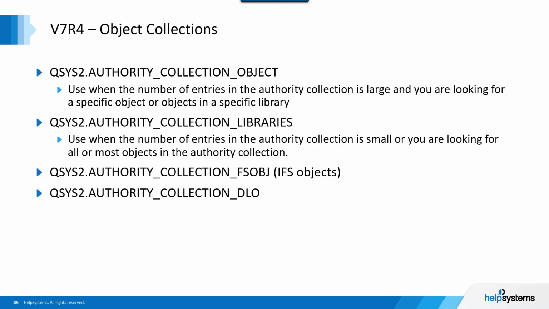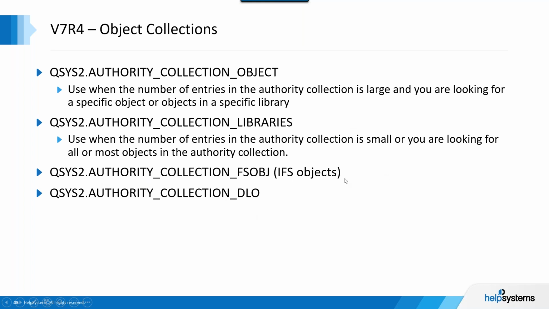Okay. All right. So once you start the collection on the objects, you're going to get the information on the collection the same way. You're going to use run SQL scripts. Only in this case, they have provided different views for us to use. In fact, they've provided 4, and it depends on the type of information. So DLOs, I know unfortunately there's still some people using DLOs, so there's one view for that.